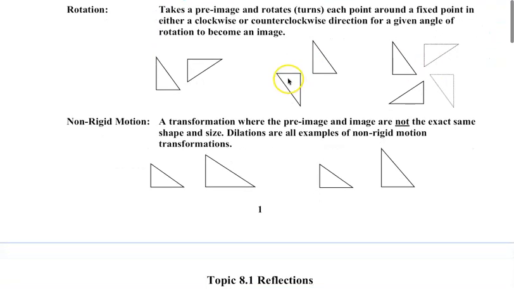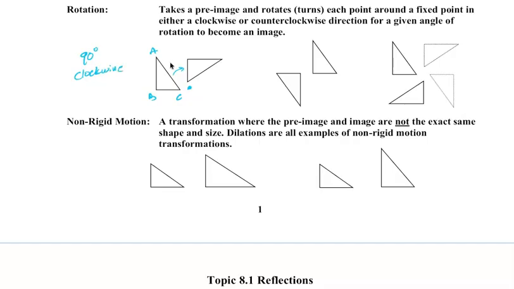Or you could rotate it. When you rotate, you turn the image. Here we see our original image, the pre-image, and we're rotating it this way, 90 degrees clockwise.